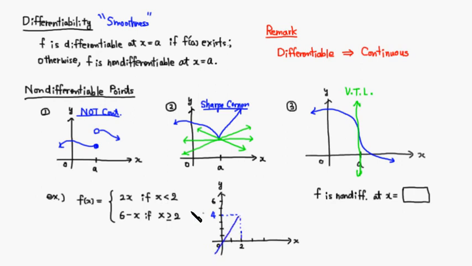This is a strict inequality, so I have to put an open circle there, and we cannot have the rest of this line because x has to be less than 2. The second formula is 6 minus x.